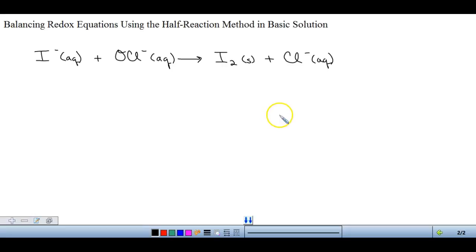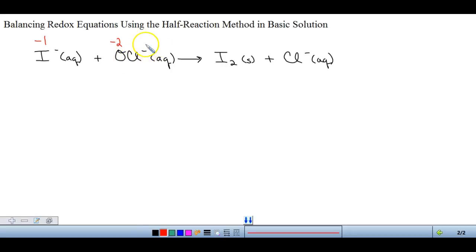However, they are similar. And so I'm going to start by assigning oxidation numbers just in case we have to specify in a problem what is the oxidation half and what's the reduction half. So we have a monoatomic ion here, -1. We've got oxygen, that will be -2. We'll have to calculate chlorine for this one.